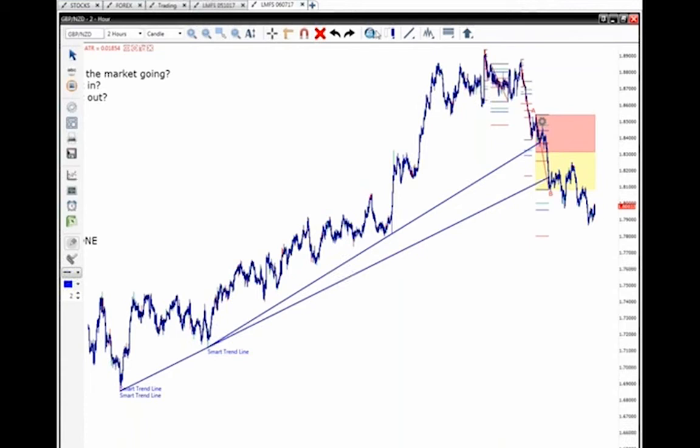In fact, let me draw another inner trend line right there, and that shows 3 occurrences, giving me even more corroboration.